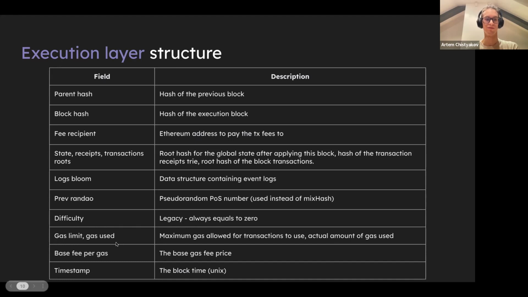Then there are two variables, the gas limit and the gas used. Gas limit is the maximum allowed gas that the transactions included in this block can use. Ethereum has a variable gas limit, which is adjusted when the load gets high or low. Right now, the gas limit is equal to 15 million. And when the actual gas used in the block exceeds the 15 million, then the base fee per gas gets increased, which makes users pay more.